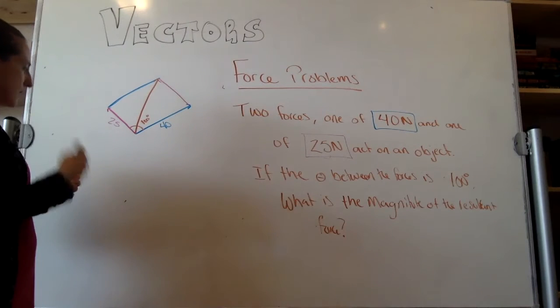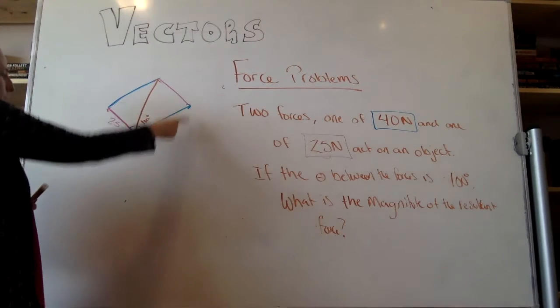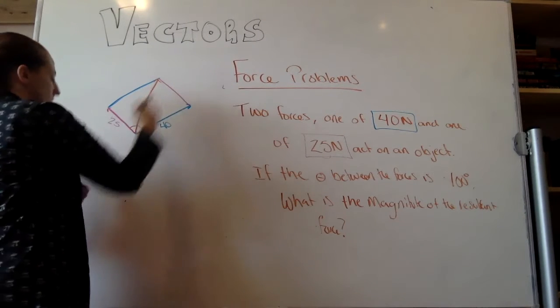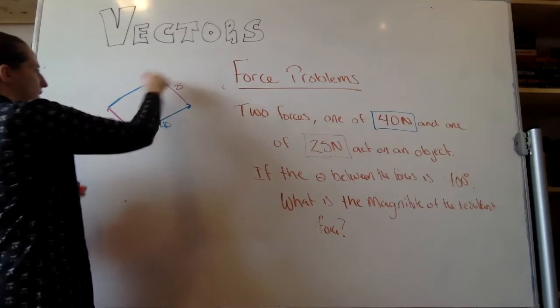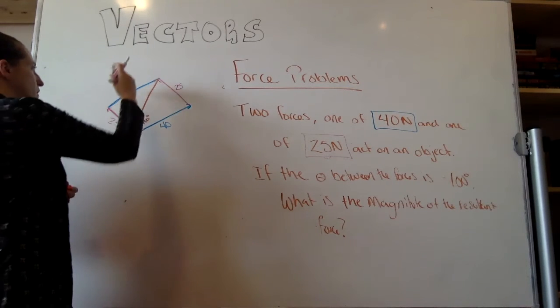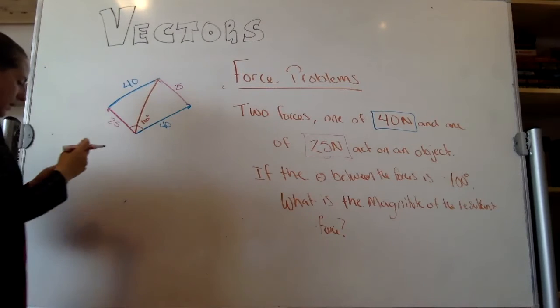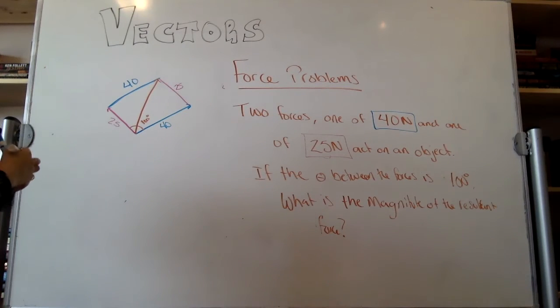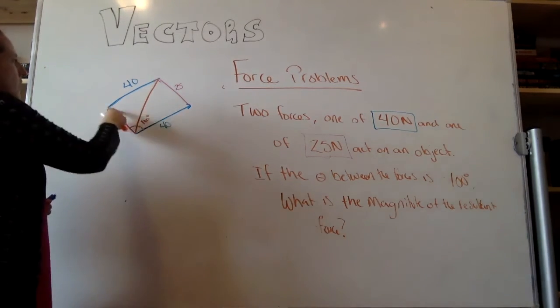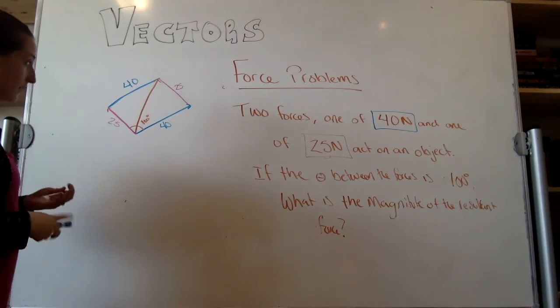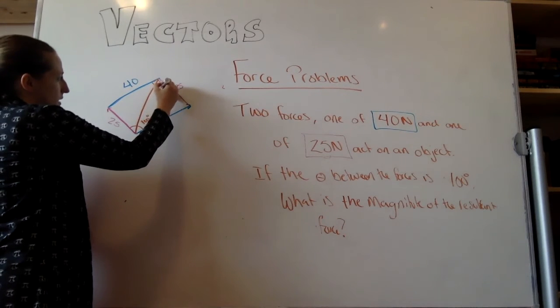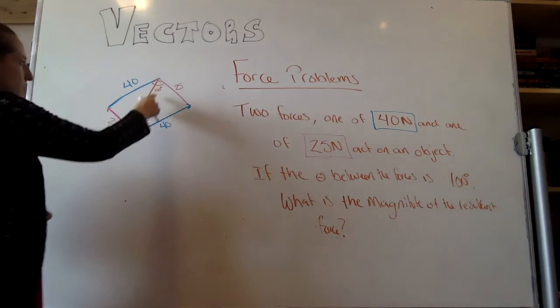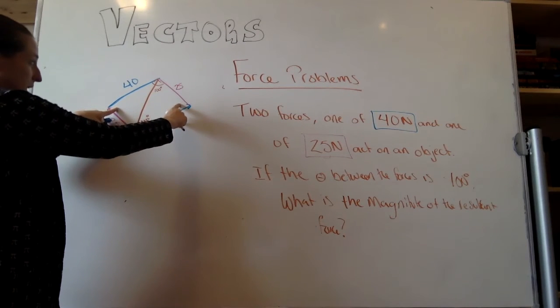Well, the way we can do this is to remember that in this parallelogram, the length of this side is also 25, and the length of this side is also 40. And then I want to see if we can figure out the measure of all of the angles of our parallelogram. Well, this angle has to also be 100 degrees, 100 and 100, and these two angles have to be equal.